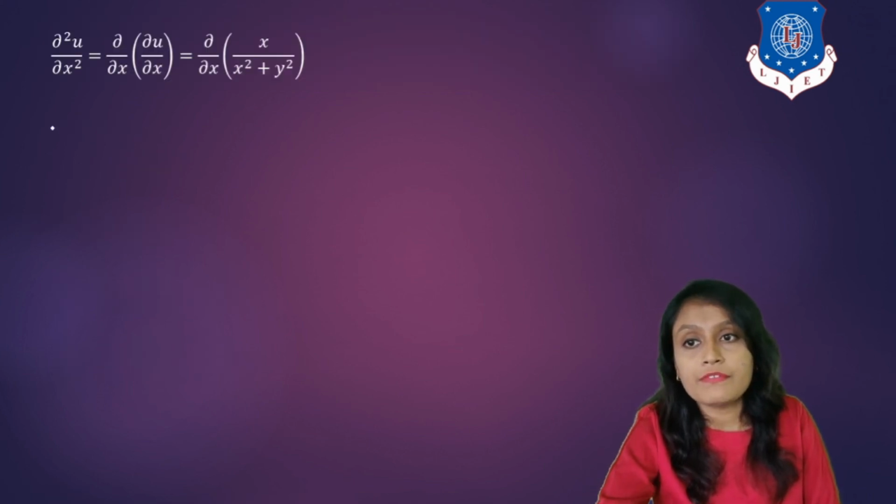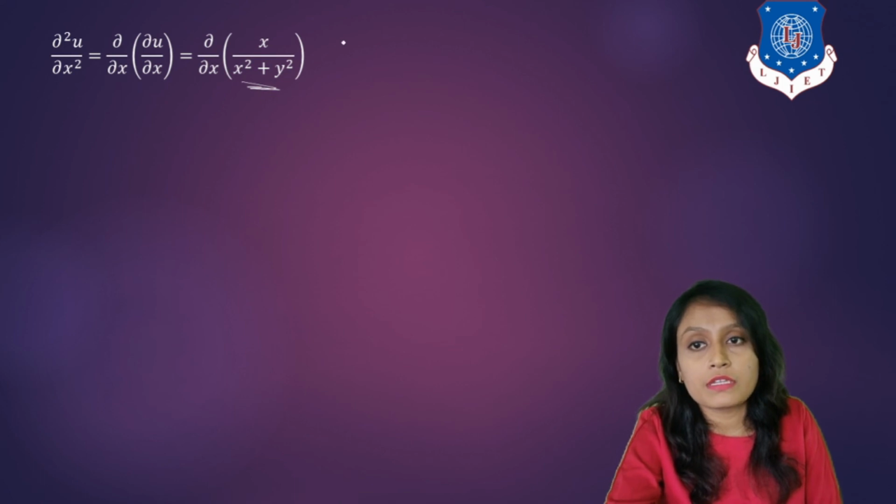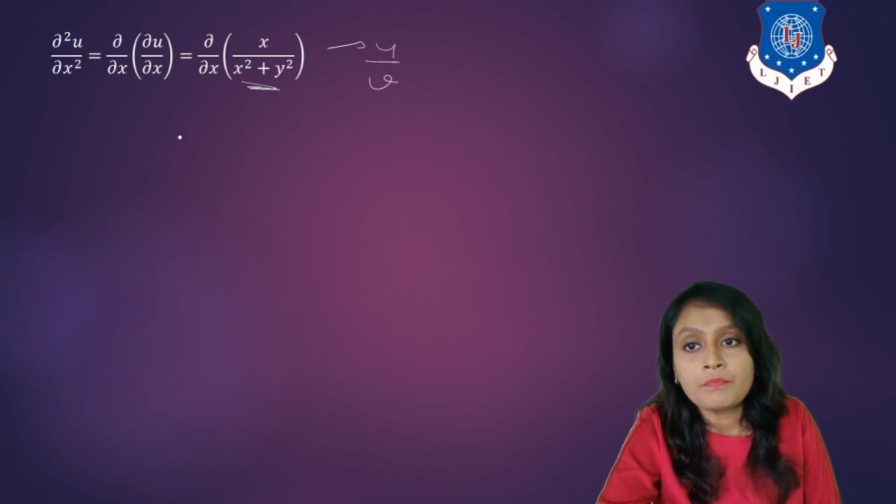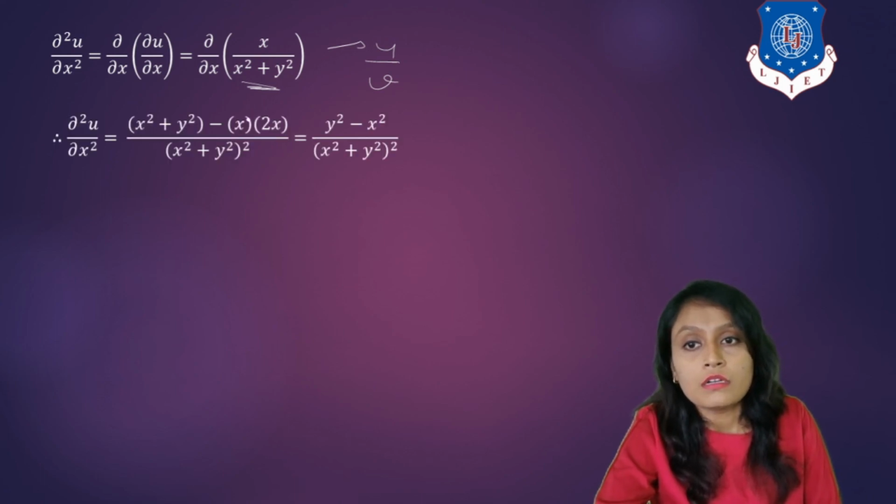Next, we will find del square u by del x square, that is del by del x of del u by del x. Okay, so del u by del x is what? x upon x square plus y square. And we have to take derivative of this term with respect to x. So for that we will apply the u upon v rule.